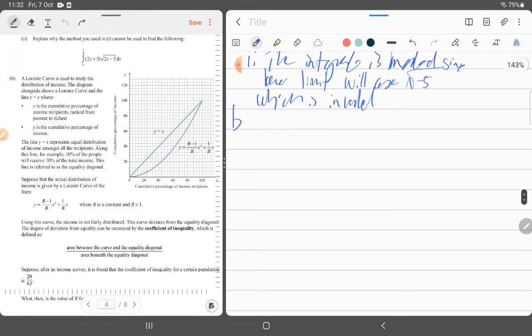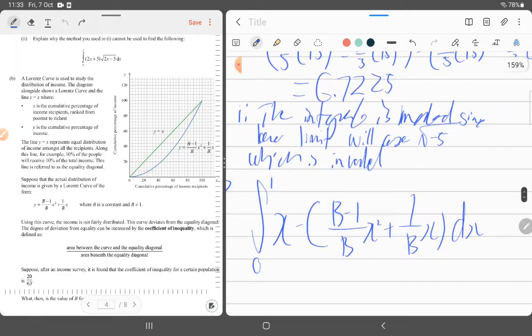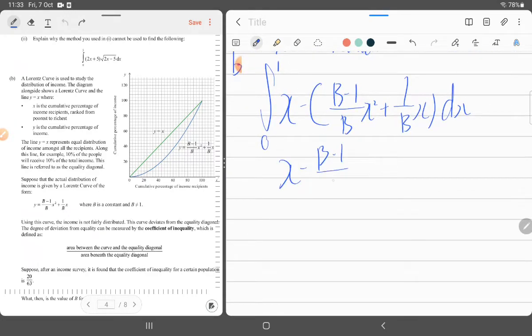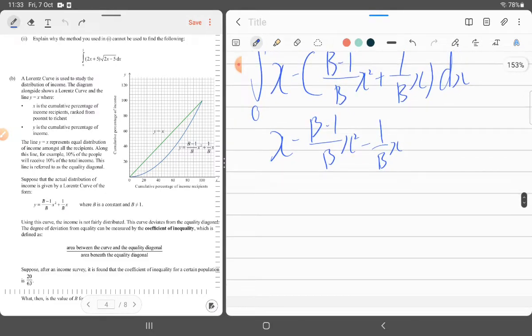So the area here, we want to integrate from 1 to 0 of x take away (b take away 1 over b x squared plus 1 over b x) dx.